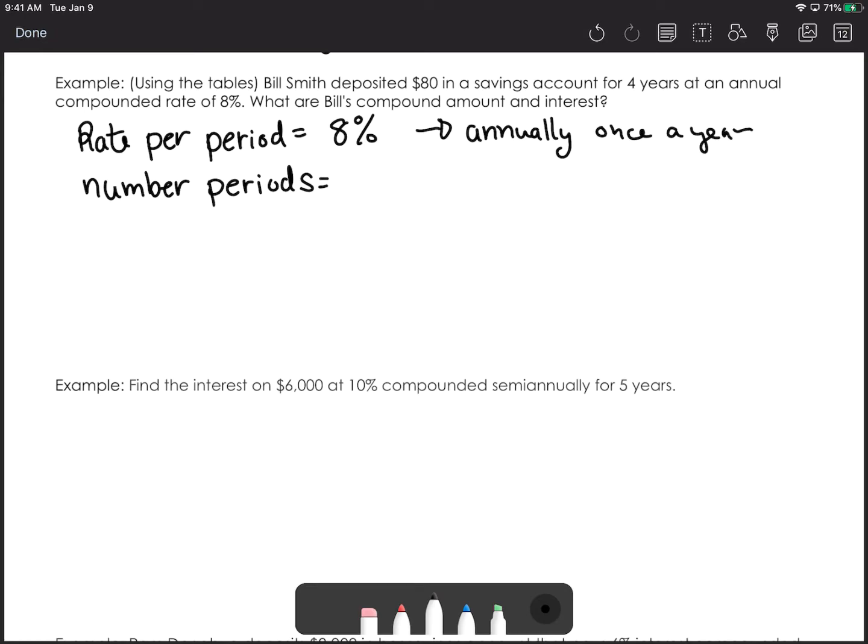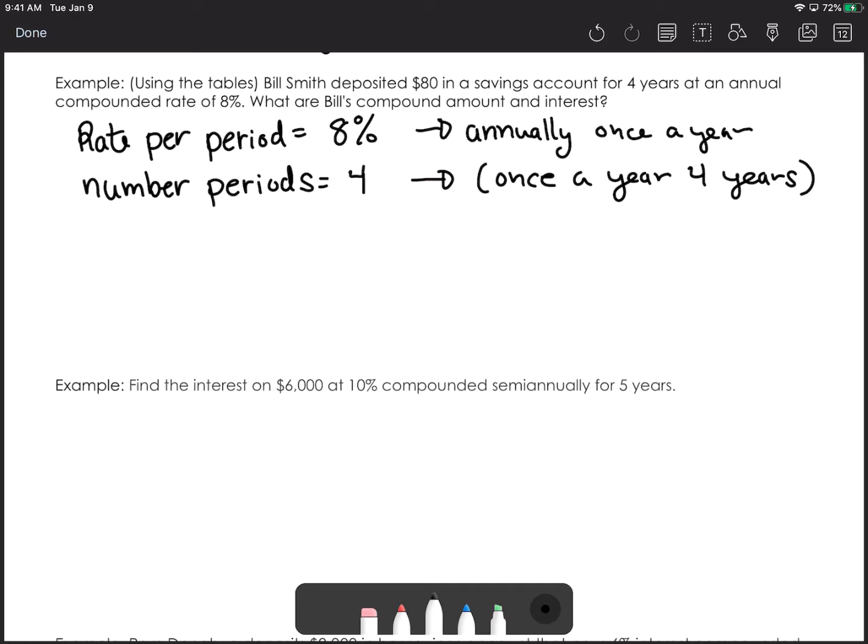So that 8% doesn't have to be divided. That's done at the end of the year, 8%. And since we're doing this for 4 years, once a year, we're going to have 4 compound periods.